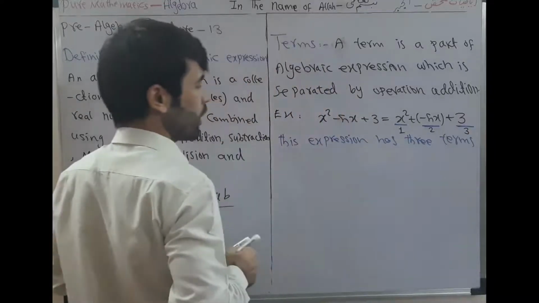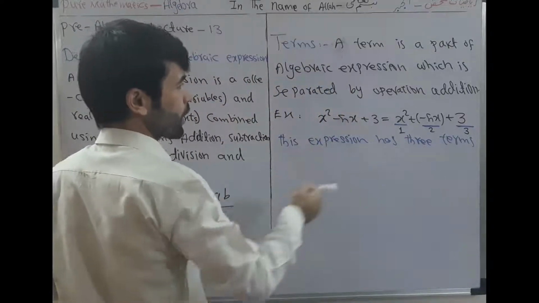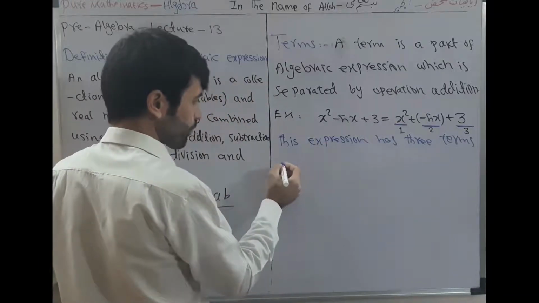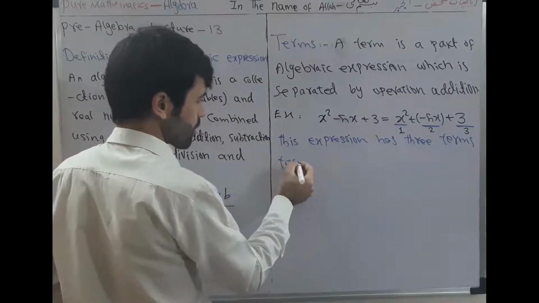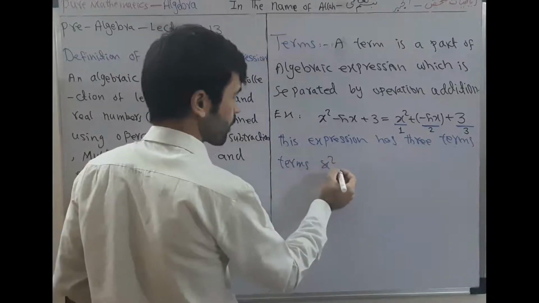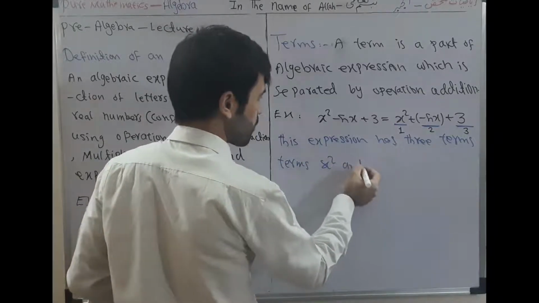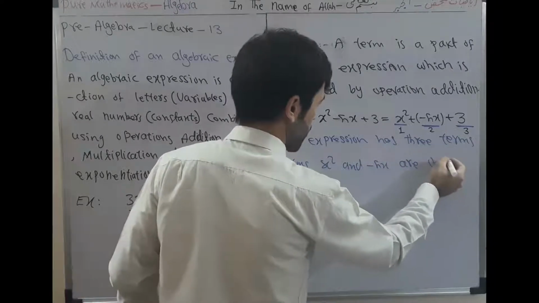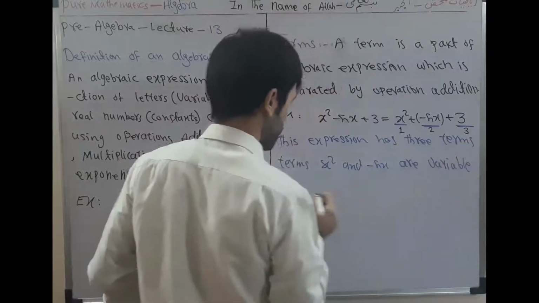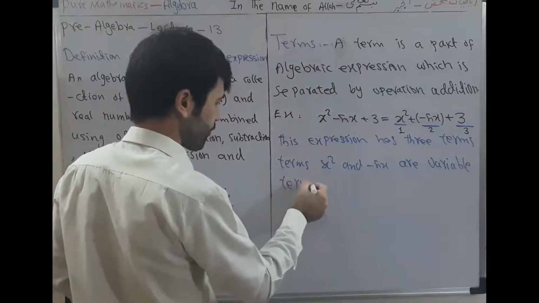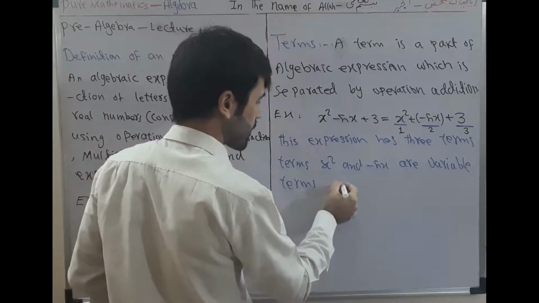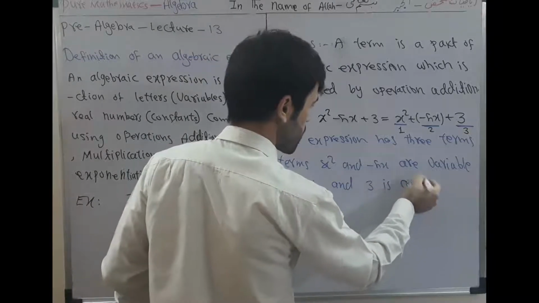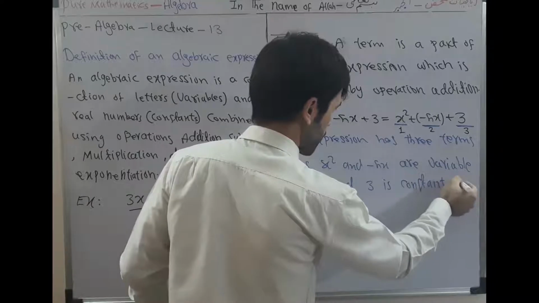The terms x squared and minus 5x are variable terms, and 3 is a constant term.